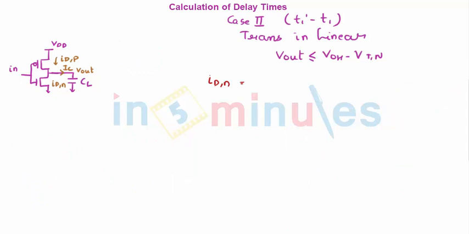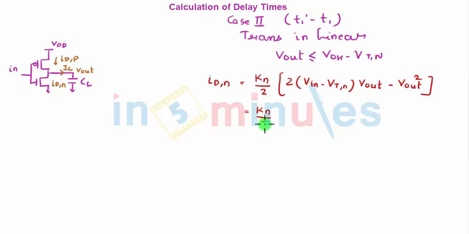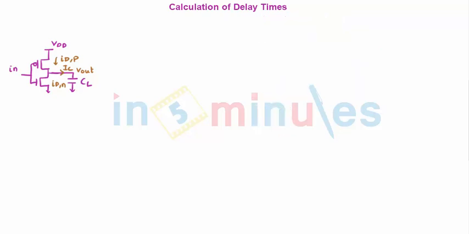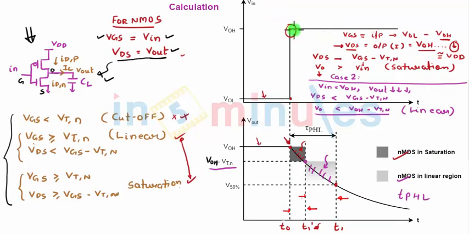Let's write the equation of ID in the linear region. IDN is equal to Kn by 2, twice (Vin, which is nothing but VGS, minus Vtn) into Vout, which is nothing but VDS, minus Vout square. And in this case we know that input again is nothing but VOH.